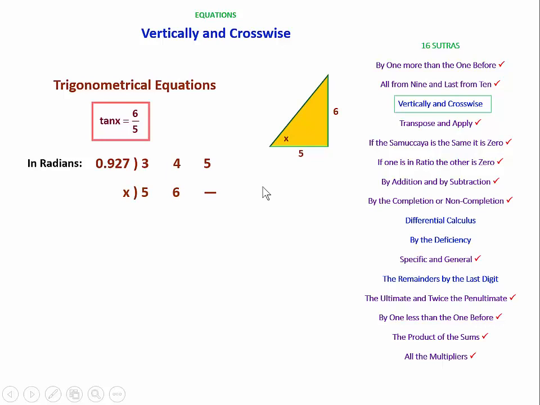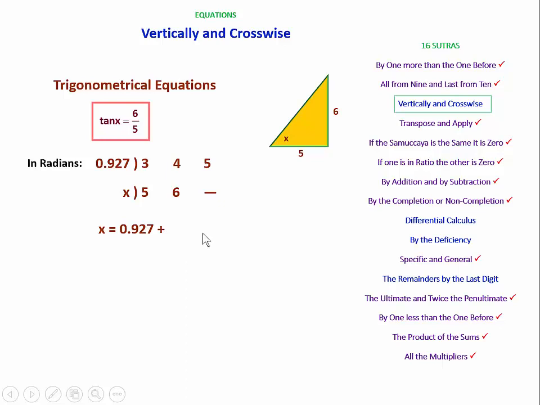We now put our other triangle, triple, underneath it, so we've got x, 5, 6, and we can get the answer to this triple using the known one, using vertically and crosswise. So what we need to do is to make an adjustment to that 0.927 that will give us the value of x.